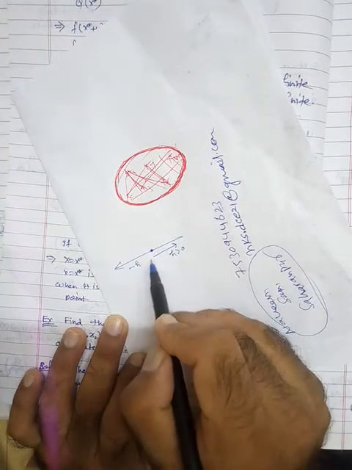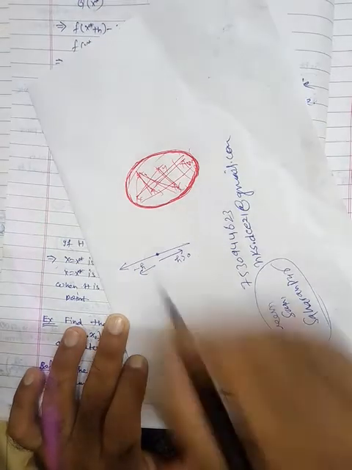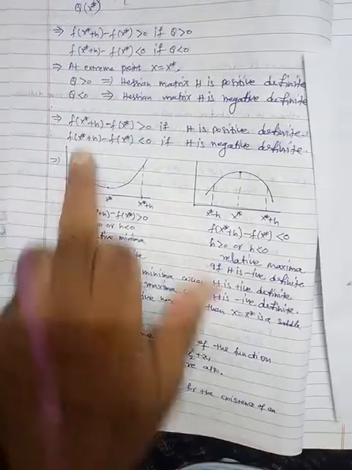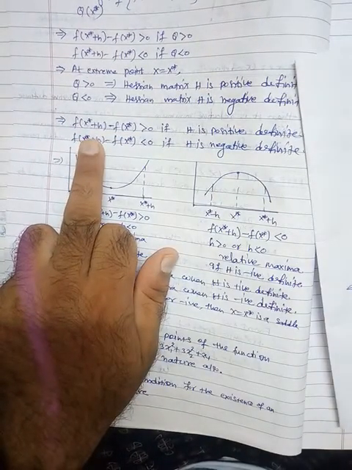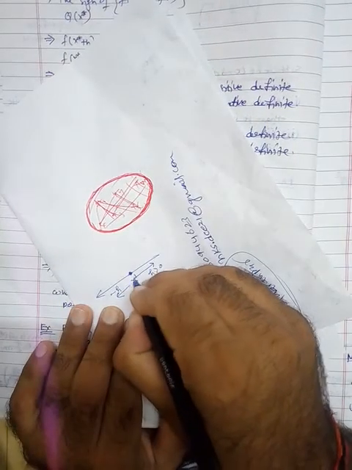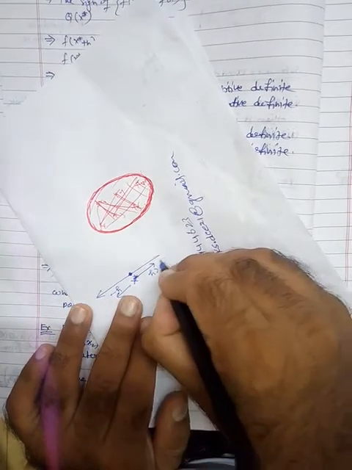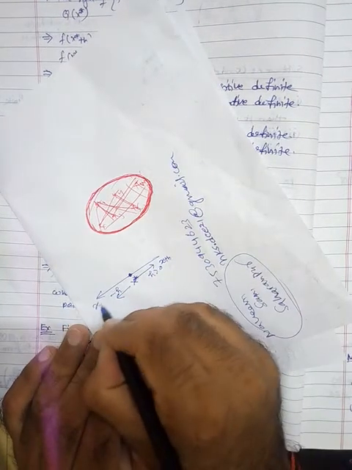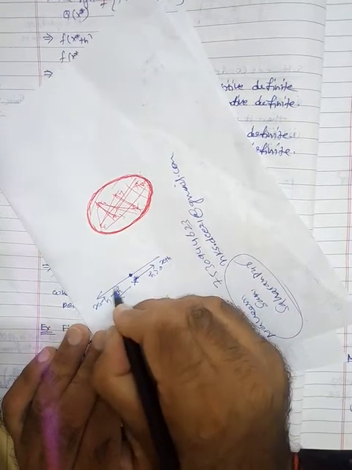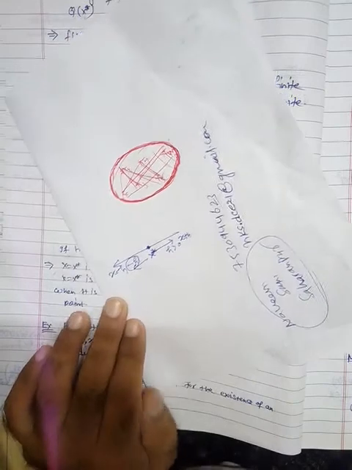So h may be a step size, either we are moving to the right hand side or to the left. Here this point is x star, and this will be x plus h if h is positive, and this will be x minus h if we are taking the step size on this left hand side.